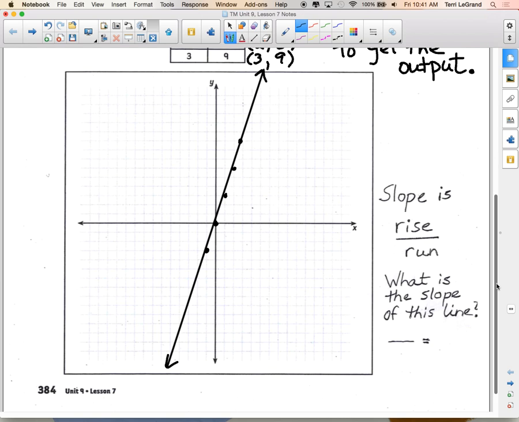Okay, slope is how steep the line is. How fast is it rising or falling? We think about its vertical change over how much it's running, in other words, how much it's going over left or right.